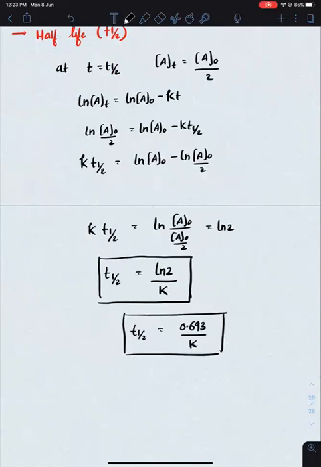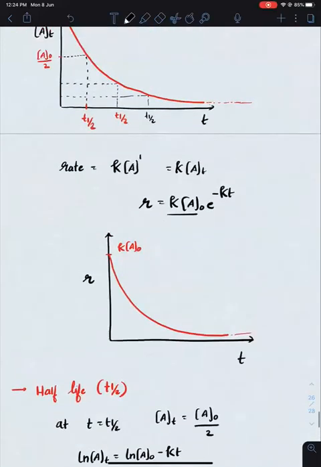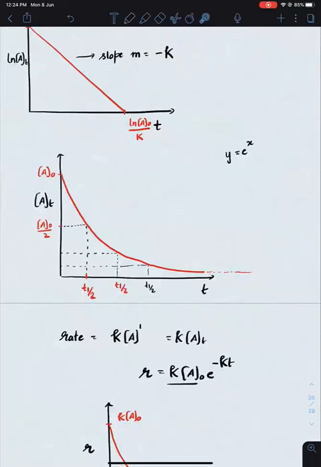If you observe this expression, it is independent of the initial concentration. Whatever initial concentration you take, to become half of it you will always require the same amount of time, which is 0.693 upon K. Look here, from here to here, how much t half did it take? For the second halving too, I am drawing exactly the same intervals.